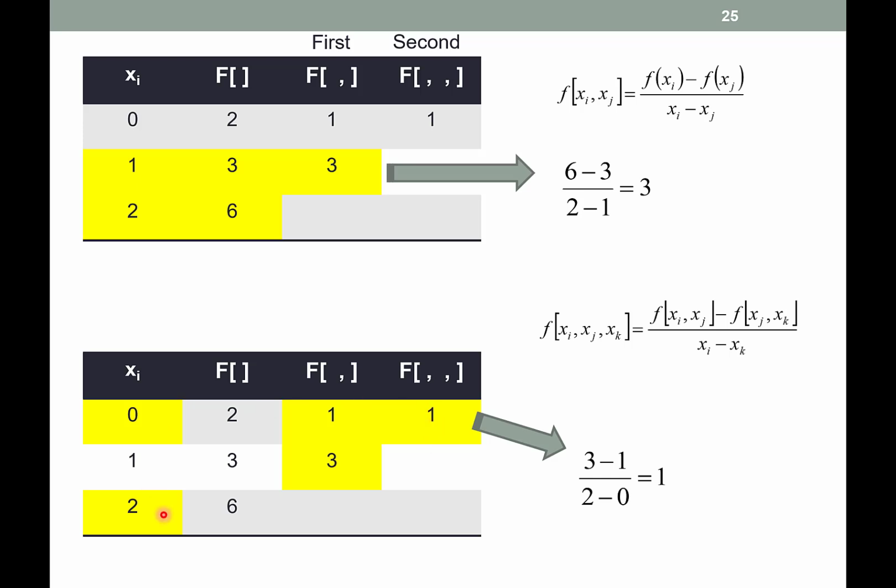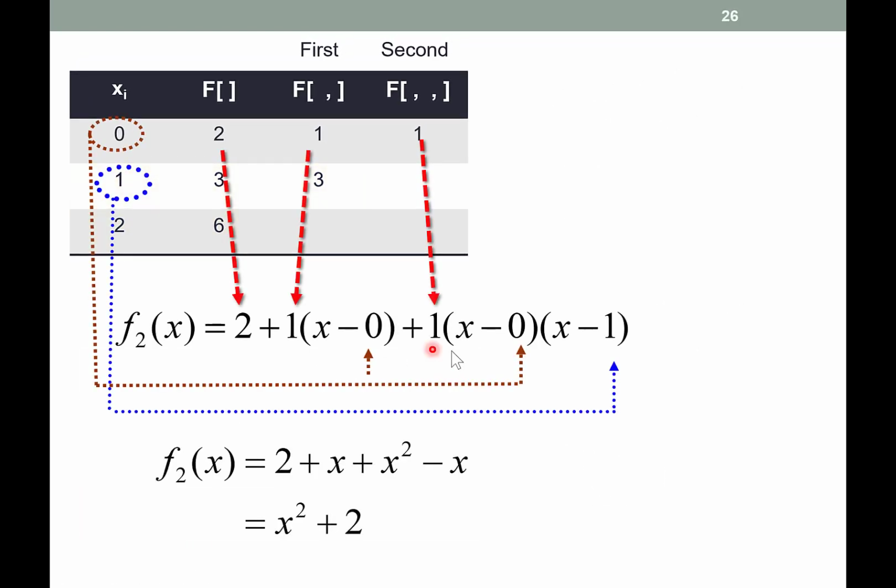Now we've completed all the calculations we need, and all we have to do is plug those into the equation that we have set up for Newton's method. B0 would be the 2, then b1 would be this 1 here, multiplied by x minus x1.